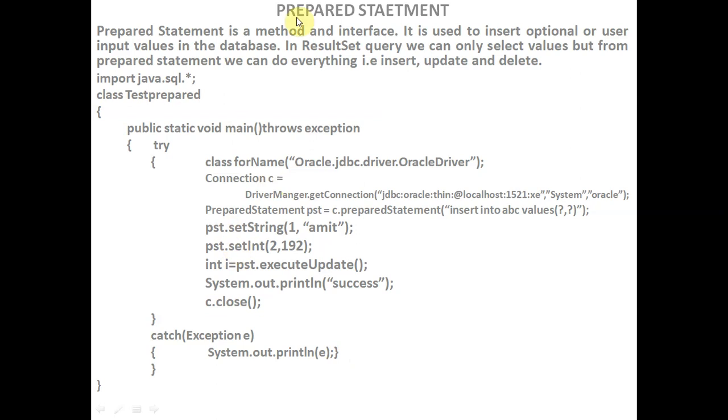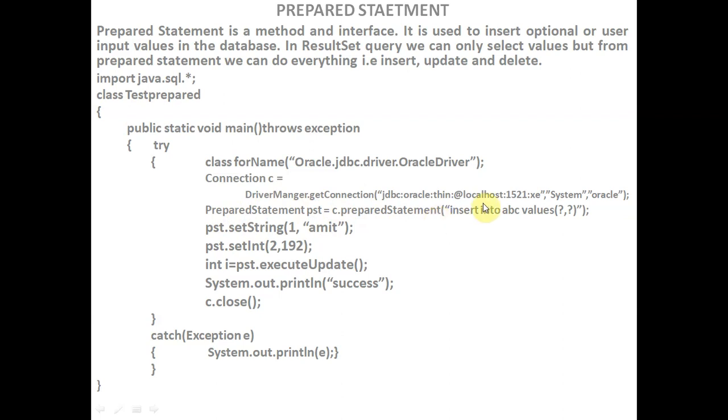Again you can see, the first statement is for loading the driver, the second statement is for establishing the connection, and the third statement is for preparing the insert statement. We have mentioned the prepared statement, pst as its object, equals c.prepareStatement.